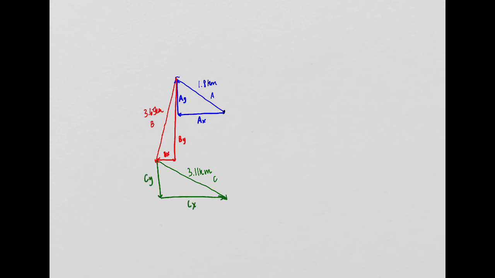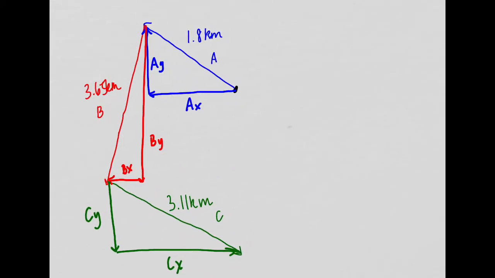All right, so we're going to have to solve a lot of different stuff here, okay? So let's start with A. We're going to find AY and AX. All right, so what angle do we know here?